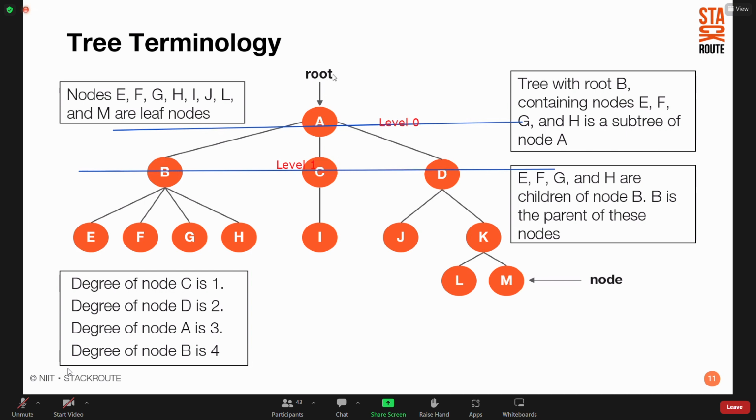And the next ones, these are level 2, and the last ones are level 3. So if we want to know the level of E, you should say level 2. J is also level 2, K is also level 2. L and M are third level.